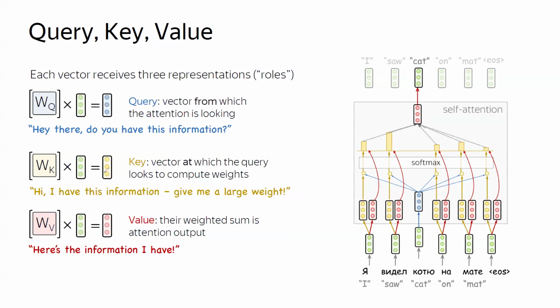This image is not very accurate. Actually, for every input token, we create three embeddings. How do we create three embeddings? We just create three linear layers with different weights and apply the three linear layers to our token embedding. And this is how we will get three new embeddings.